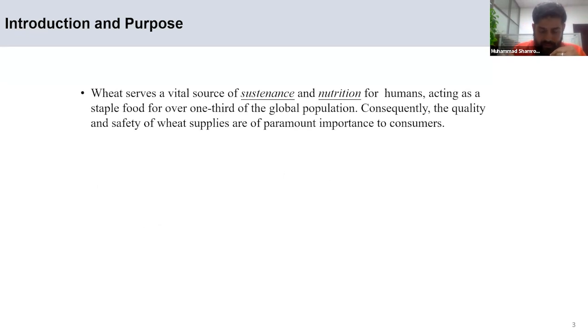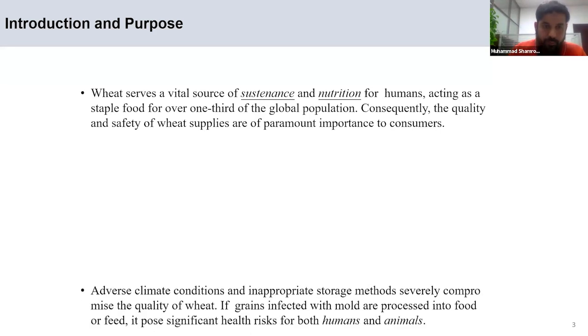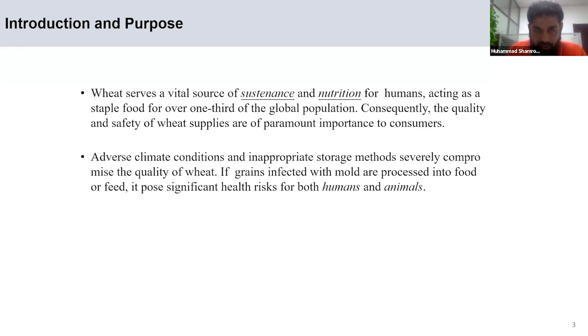Okay, so first I will talk about the introduction. Actually, we are working on wheat grains, which are a vital source of sustenance and nutrition for humans, acting as a staple food for over one third of the global population. So the quality and safety of wheat supplies are very important, especially for customers.